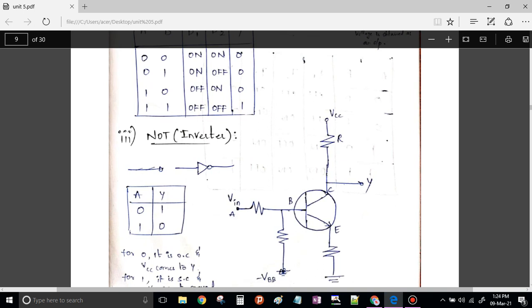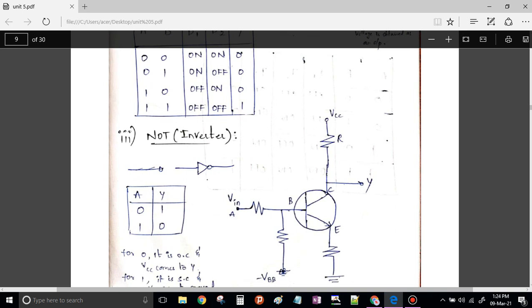When this is your NPN transistor and you give it a positive voltage, obviously what happens? This is NPN, that means P is the base and is connected to the positive, so it is in forward bias. The base to emitter junction will be in forward bias, and the device will turn on, and accordingly the output will be produced.